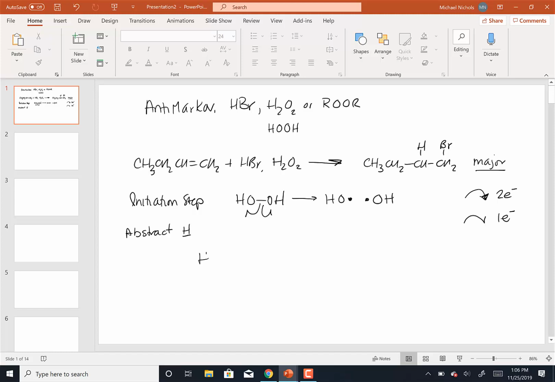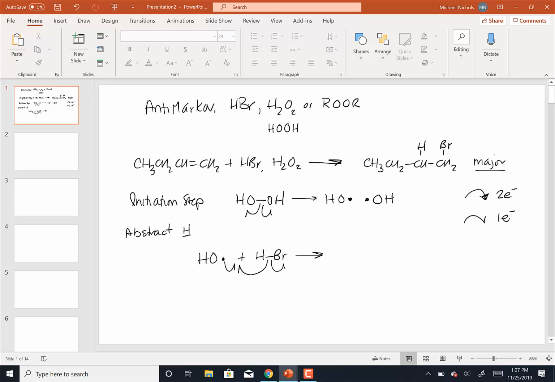So when I form a hydroxyl radical, that hydroxyl radical is going to react with HBr. And essentially what's going to happen is the hydrogen-bromine bond is going to split in half. The electron from the hydrogen is going to pair up with the unpaired electron of the oxygen, and then the other electron in the bond is going to go to the bromine.